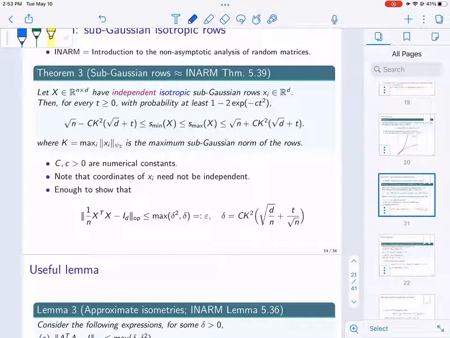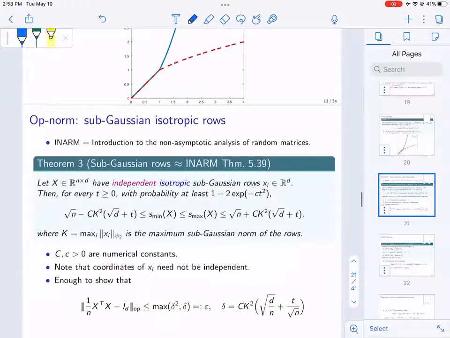Now suppose you have the design matrix itself, X, right? And let's say the rows are X_i transpose. So this is n by d.